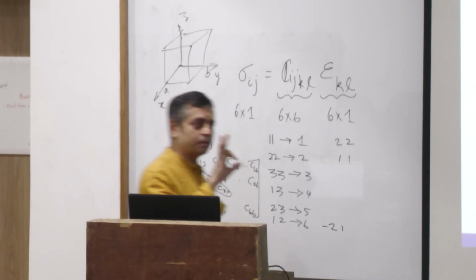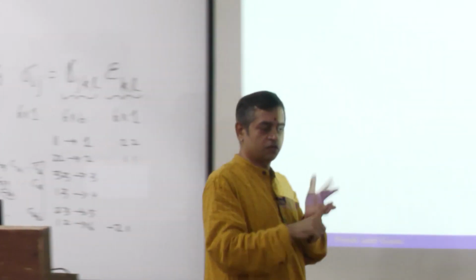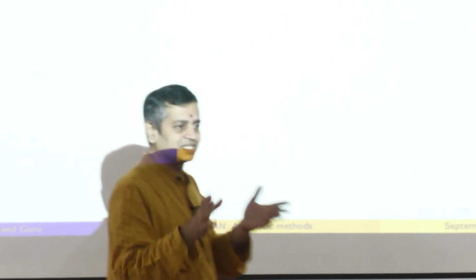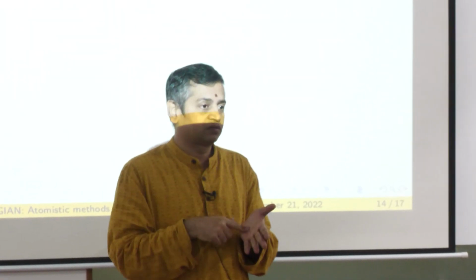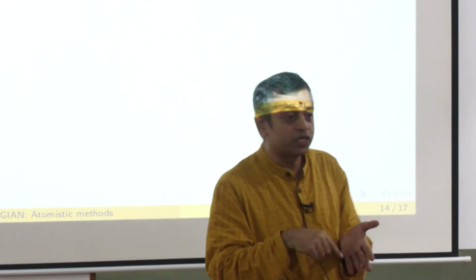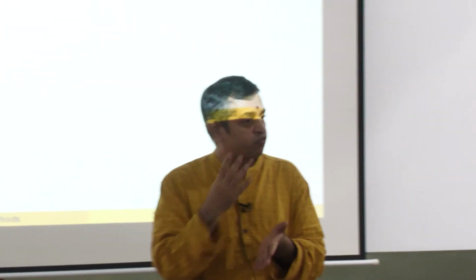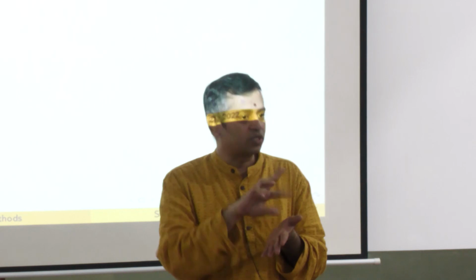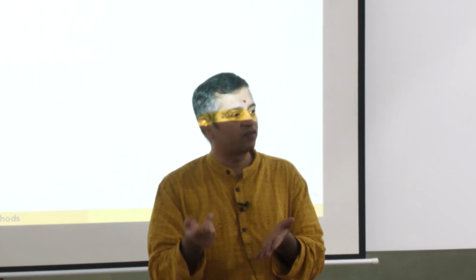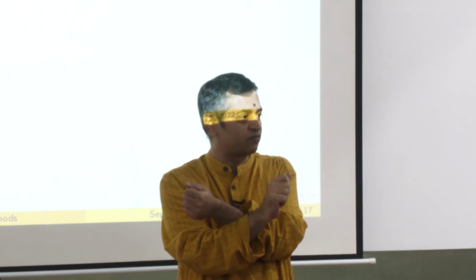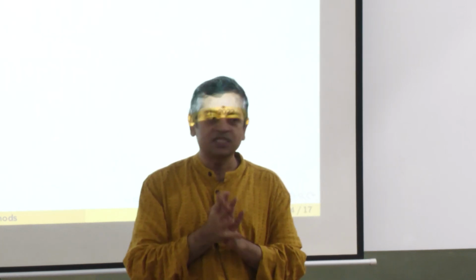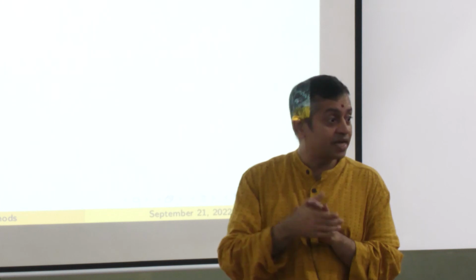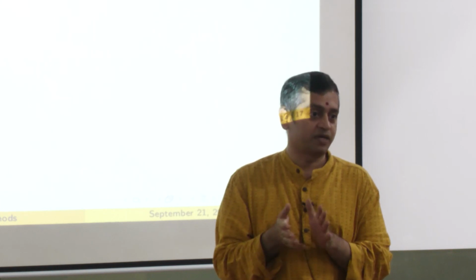So that is why there are 3 independent components, C11, C12, C44 or C66, that is. But look at C44, which is C2323. There are 4 of them, because you can flip the first 2 3, flip the other 2 3, flip both of them, and so on. So the number of non-zero components is much higher than the number of independent components.